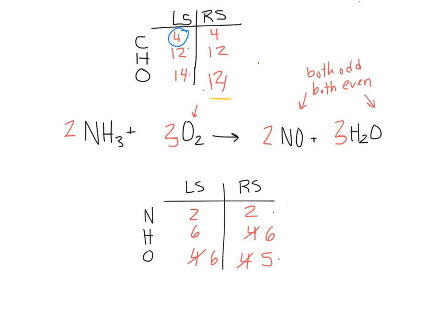So if you remember, I said that we would need to make both of these odd or both of these even. So I'm going to try to make this an even number because this one is already even. There's lots of different choices whether you want to use this oxygen or this oxygen to balance.